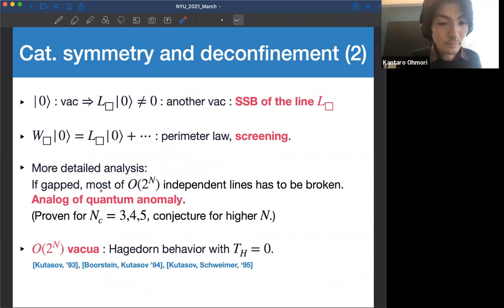Okay, and so a more detailed analysis shows that if you assume the system is gapped, then most of these exponentially many lines have to be broken. And therefore there have to be exponentially many vacua. So it's not just n, but exponentially many vacua, and that was already proposed by Kutasov back in the 90s, but it's consistent with that observation.